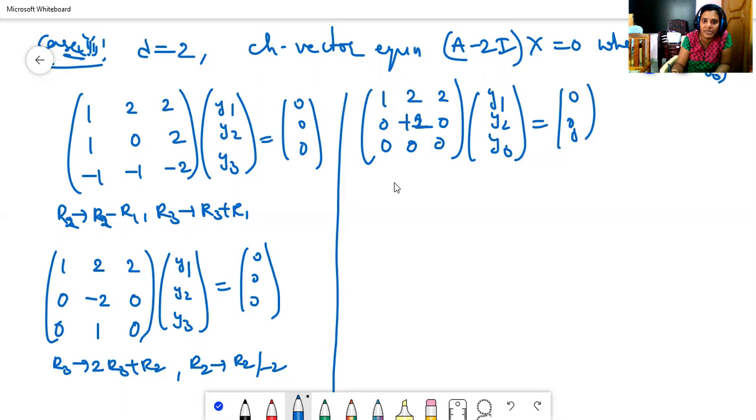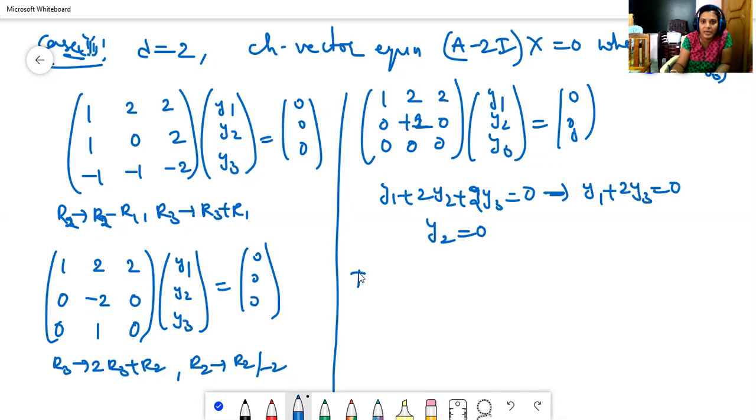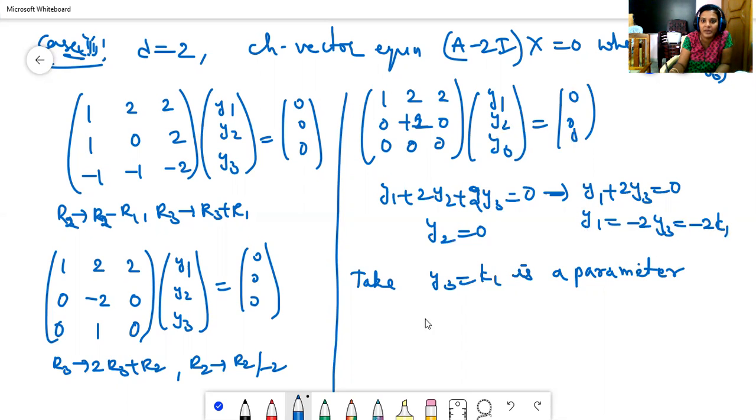Again expressed into equations, y1 plus 2 y2 plus 2 y3 equal to 0, y2 equal to 0. Substitute y2 in the above equation, y1 plus 2 y3 equal to 0. Take y3 equal to k1, a parameter. Then y1 equal to minus 2 y3, it is equal to minus 2 k1.